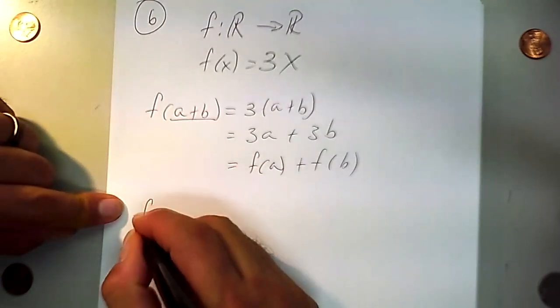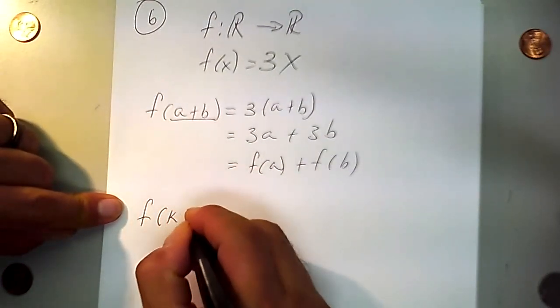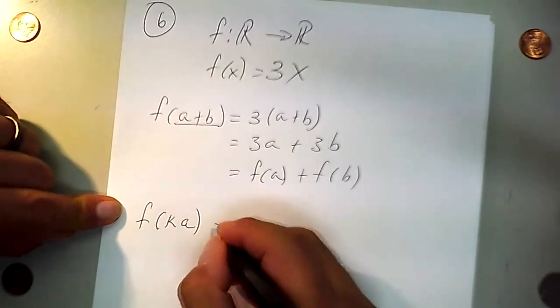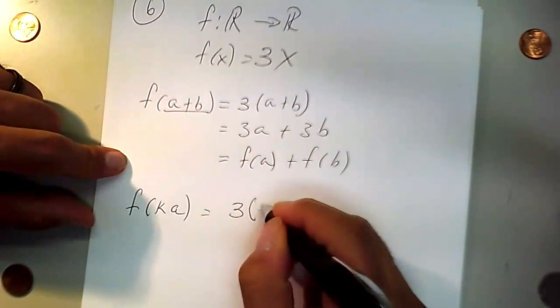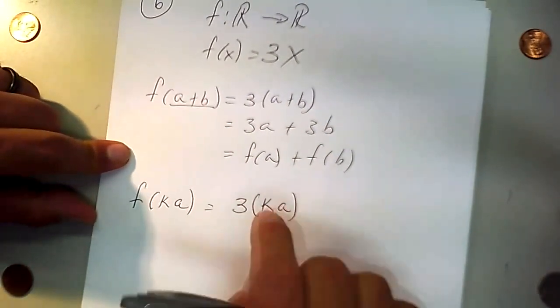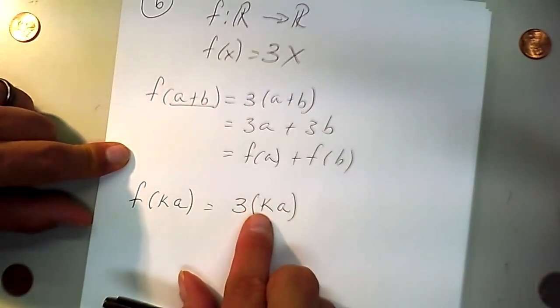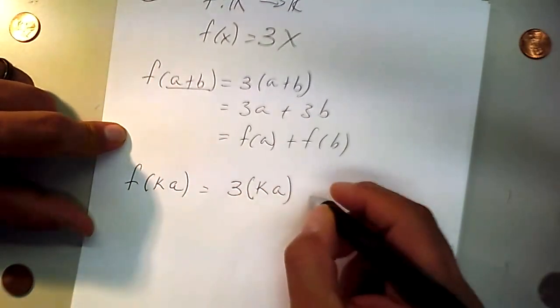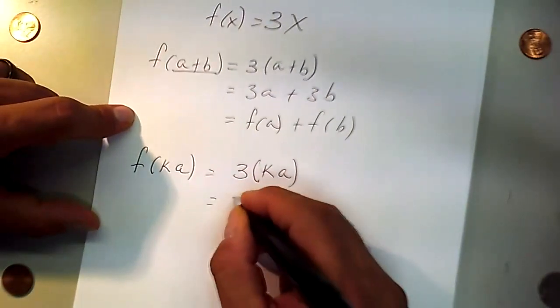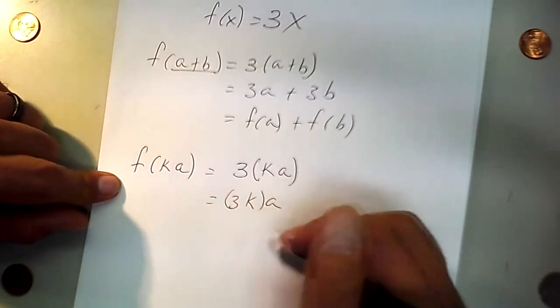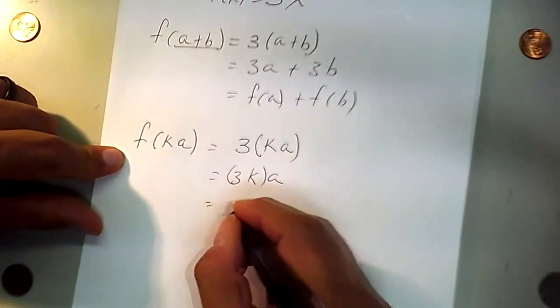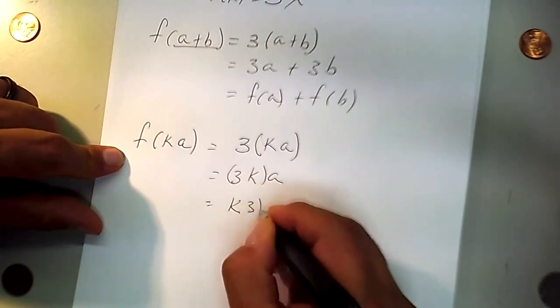If we multiply by a constant, say f of k a, well, that is 3 times by the formula k a, but these are real numbers, so we can reassociate. I'm going to go the long way. We can say 3k a. We can commute k, 3a.